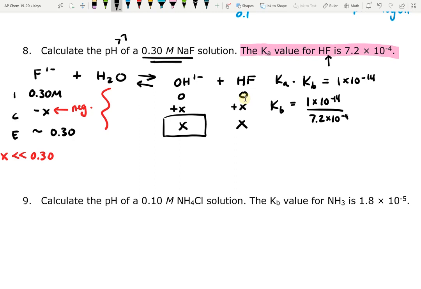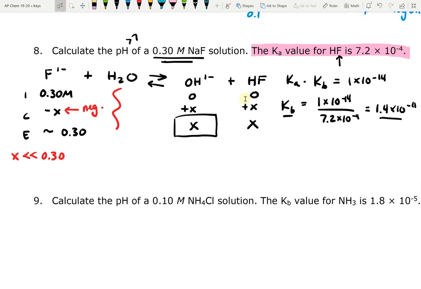Sorry, I missed a 1 up here. If I do that, I get a Kb value for this particular base of 1.4 times 10 to the negative 11. That's the Kb value for the fluoride ion as it's reacting according to this equation.